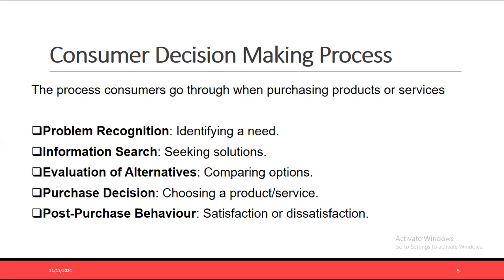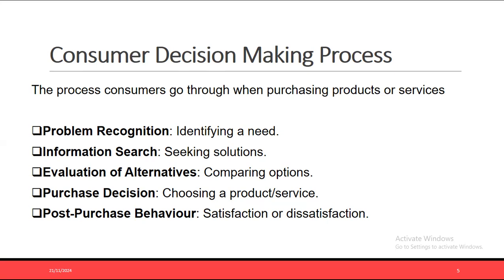So the process consumers go through when purchasing products or services is, one, problem recognition, then information search, which is followed by evaluation of alternatives, the purchase decision, and then the post-purchase behavior.